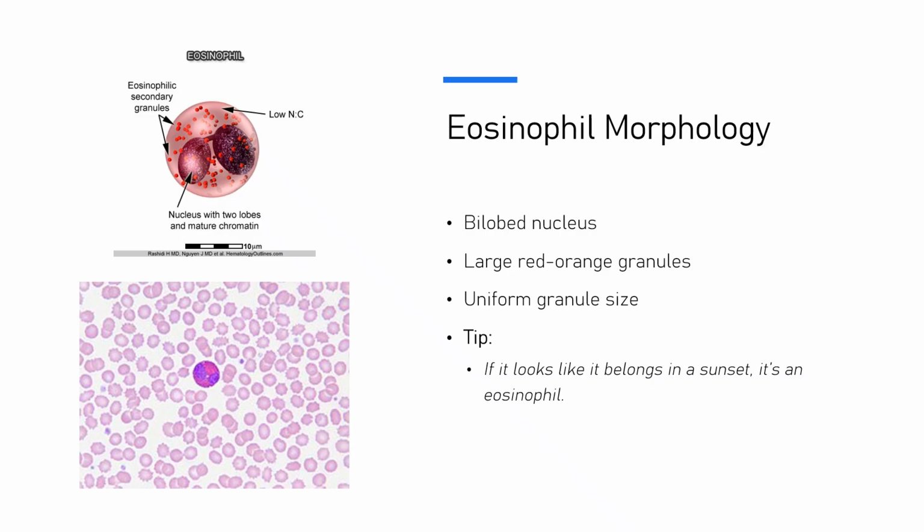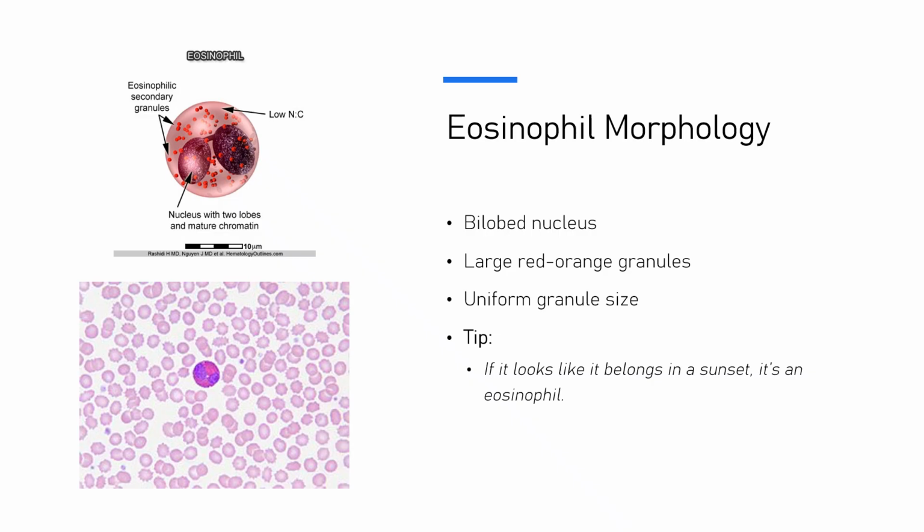These granules are usually large, uniform, and intensely red-orange when stained with Wright-Giemsa stain. They are much more prominent than the fine granules seen in neutrophils. These granules contain the antimicrobial proteins that allow eosinophils to attack parasites and participate in inflammatory responses.